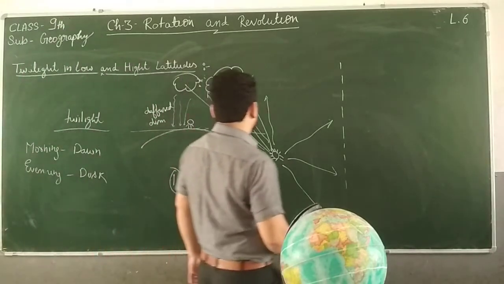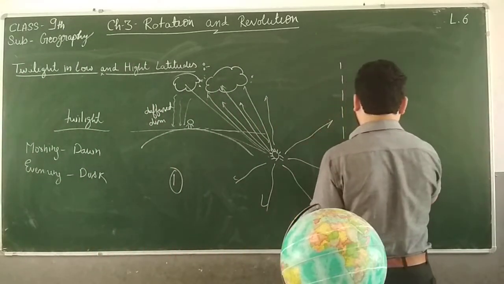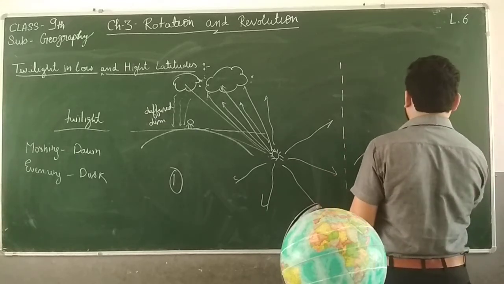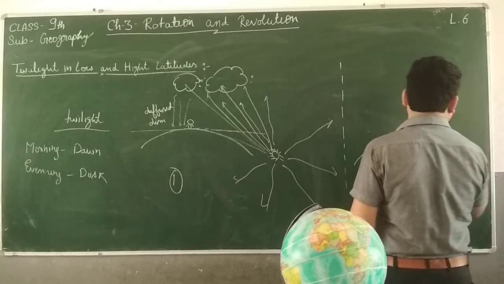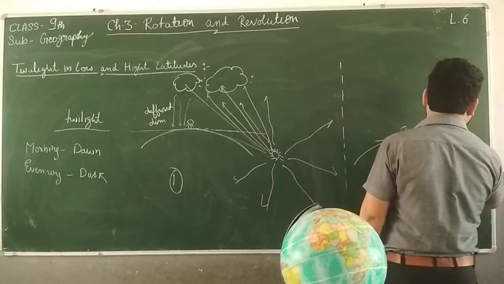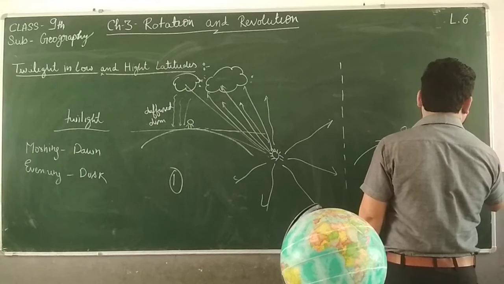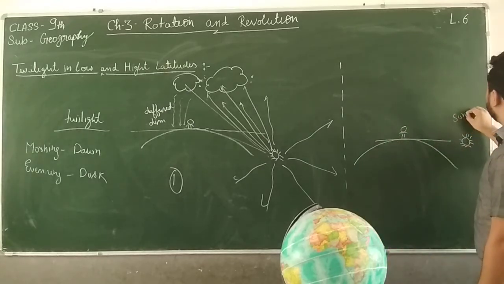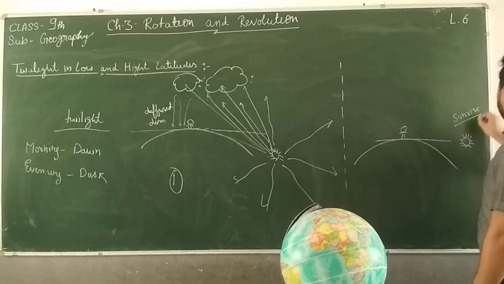So here what will happen then, this is again the horizon and you are standing here, then the sun will reach here above the horizon, and this will be called sunrise.